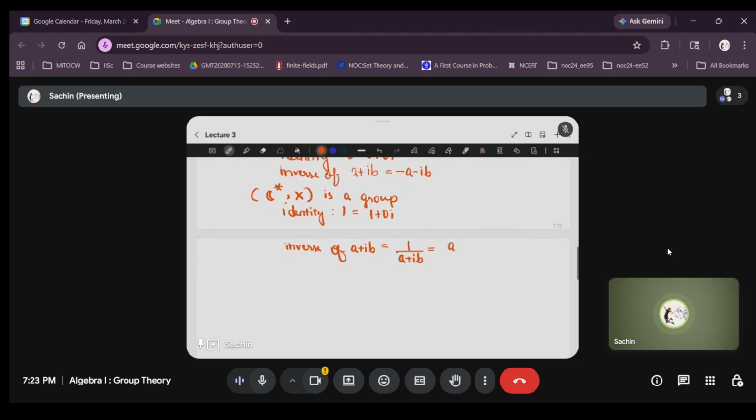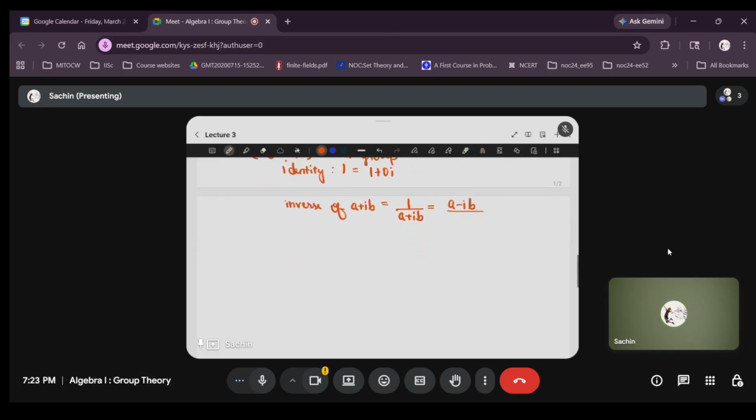This you can multiply by a minus ib divided by a minus ib, which is 1. So the denominator will be a plus ib into a minus ib, which is nothing but a squared plus b squared.